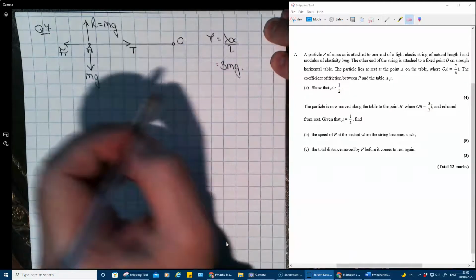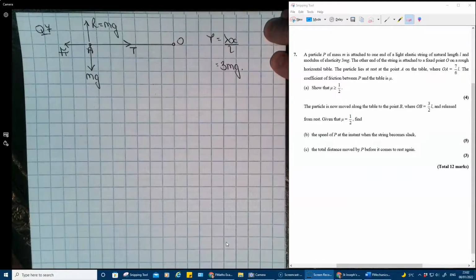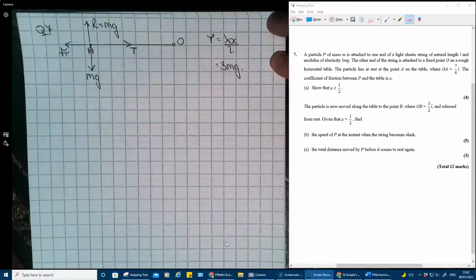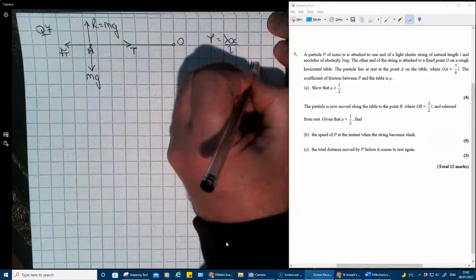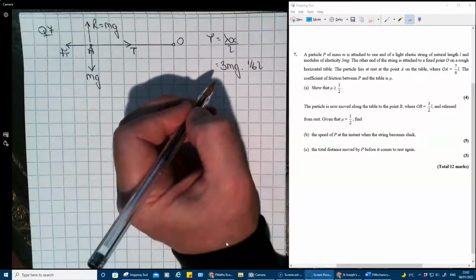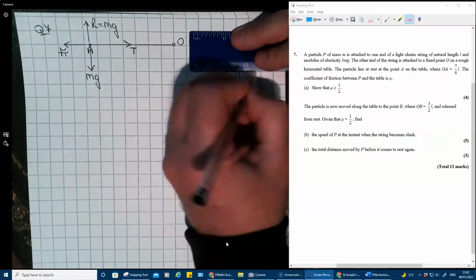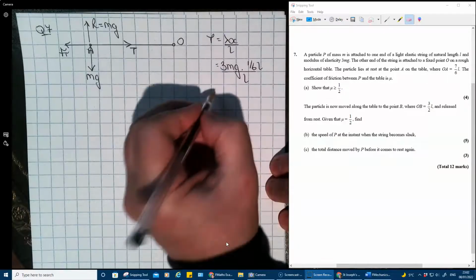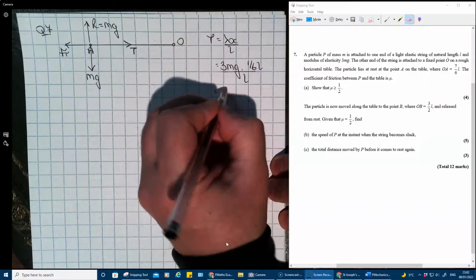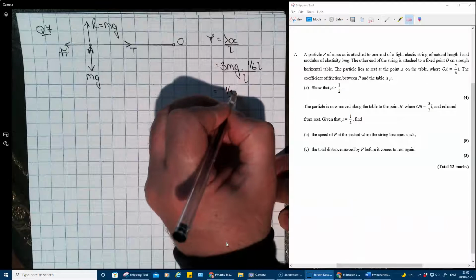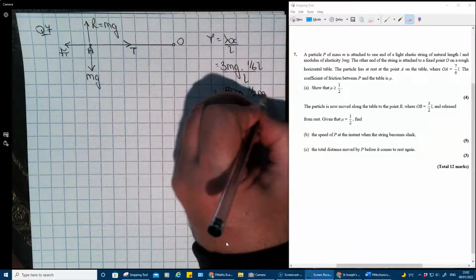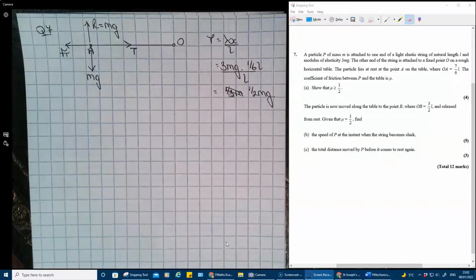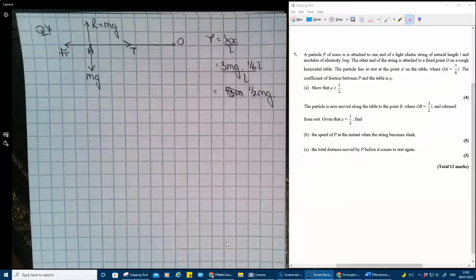The natural length is L, and we're told the stretched length is 7/6 of L. So the extension is 1/6 of L, and then we divide by L, which equals 3 times 1/6, so it's half mg. I'm going to keep it in g's for a moment.